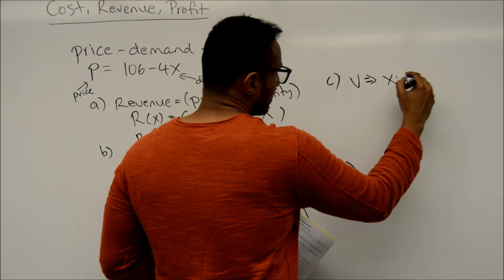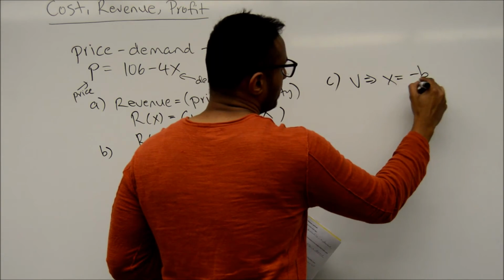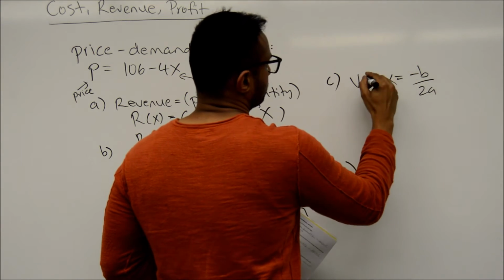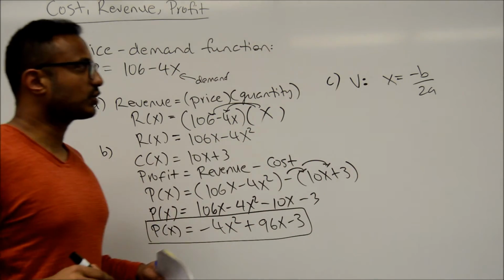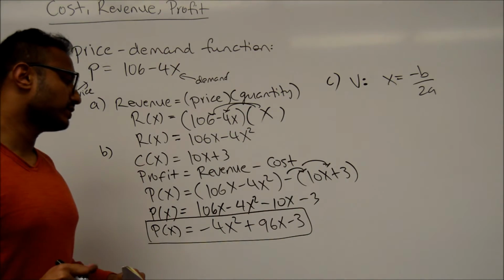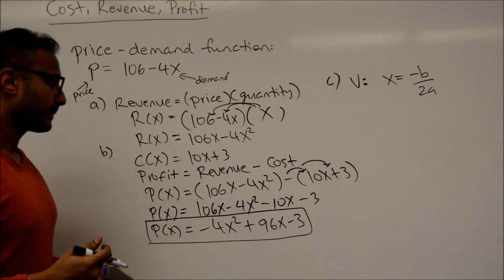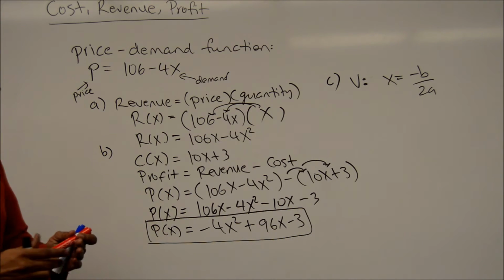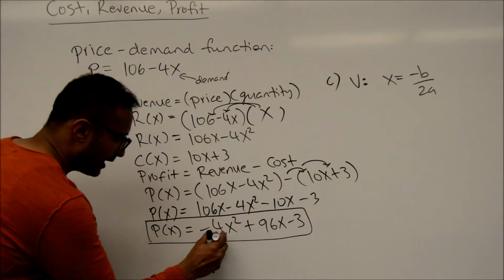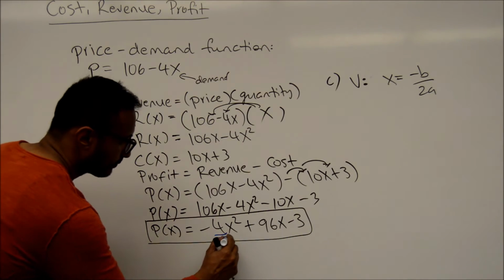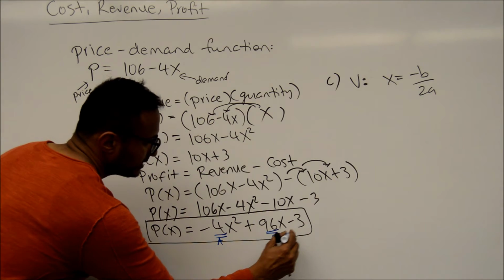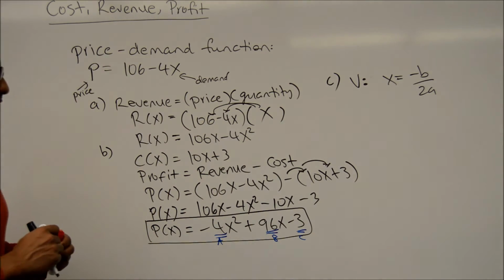The x-coordinate is given by x equals negative b over 2a. Okay, the x-coordinate of the vertex is given by x equals negative b over 2a. So what are our a, b, and c? Just as a quick reminder, a is the coefficient of the x squared, b is the coefficient of the x, and c is the constant.